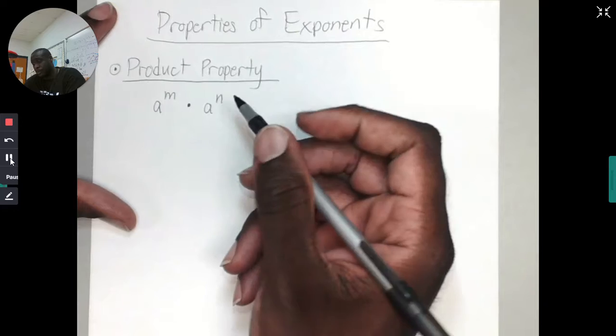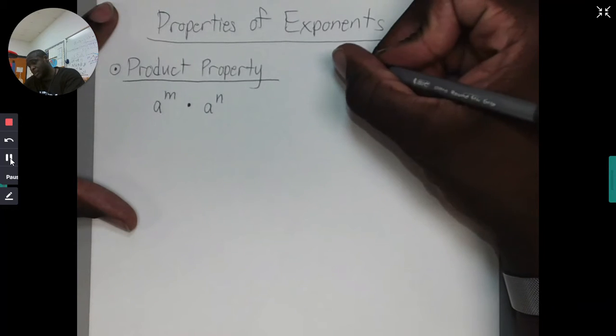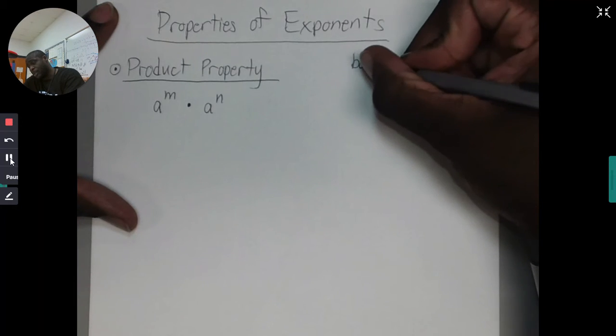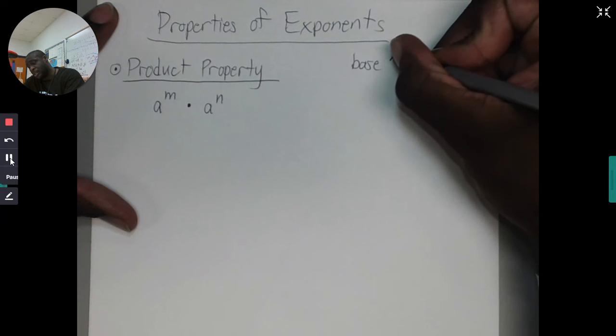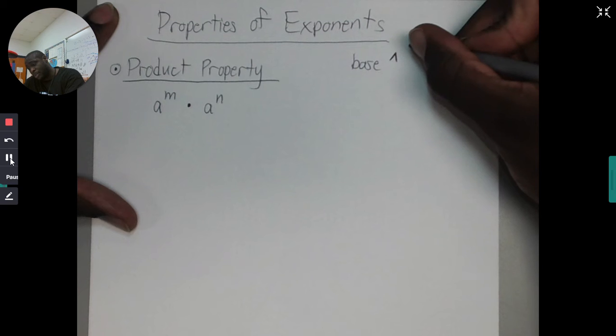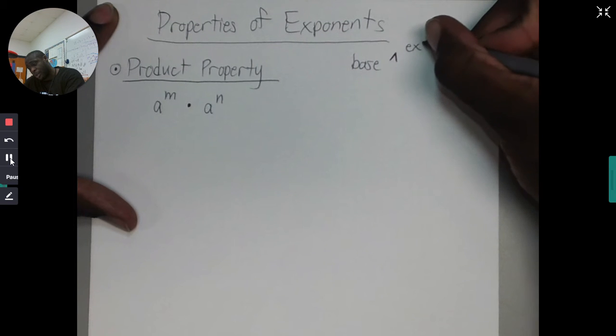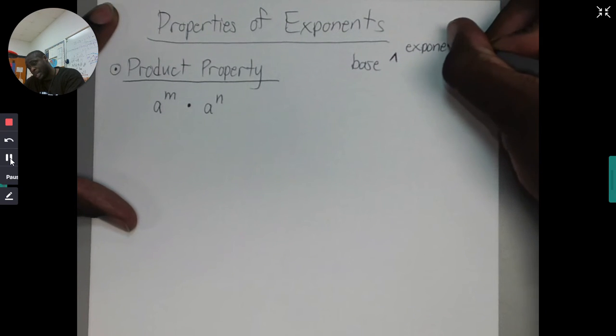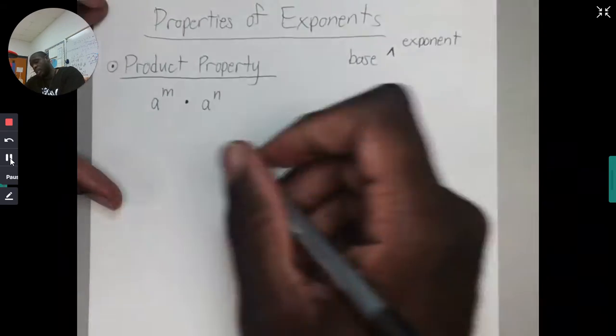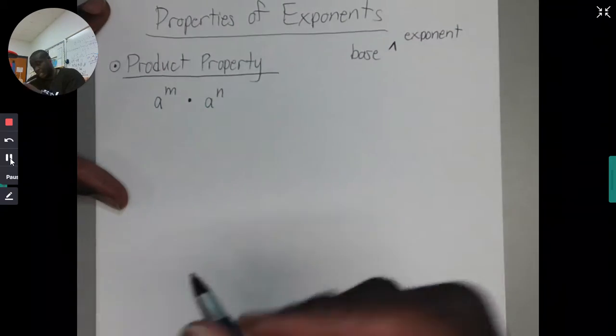So you've got your base, and your base is raised to the power of your exponent. So that's what I mean when I say base. These two have to have the same base.